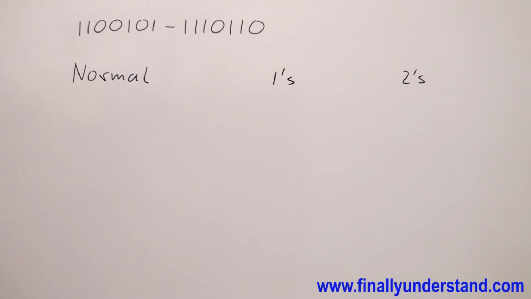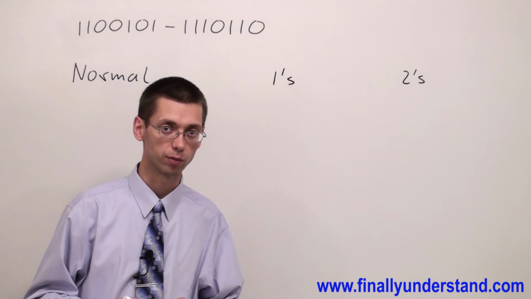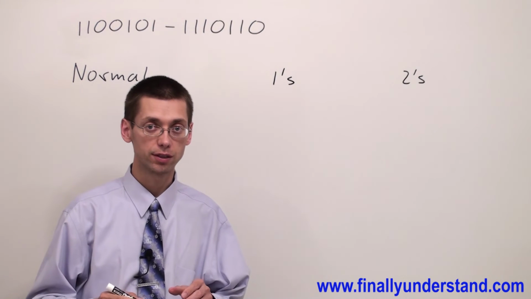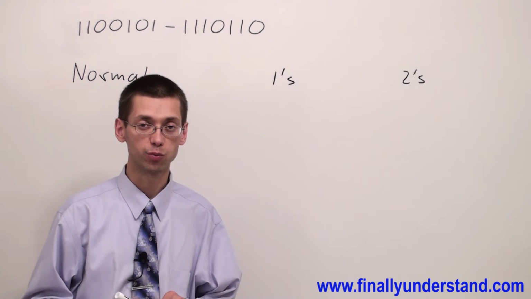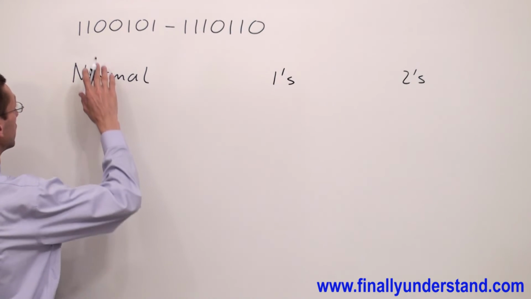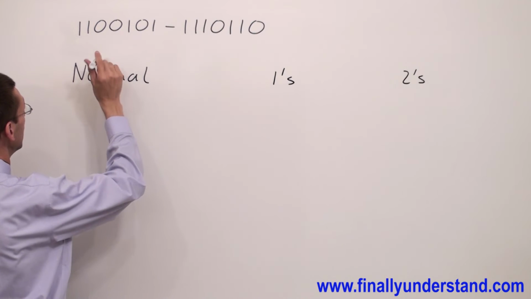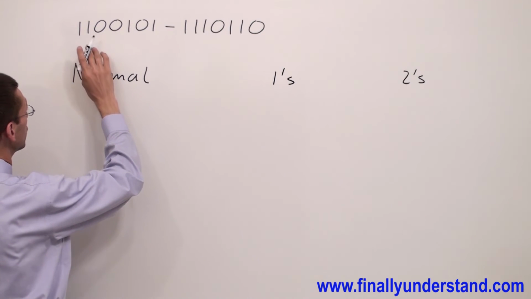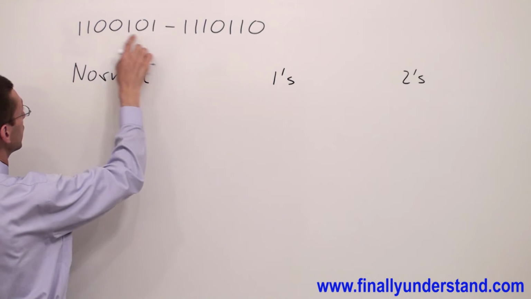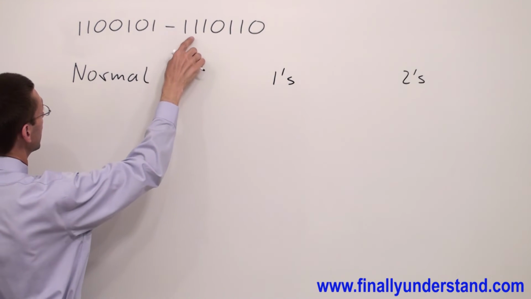Let's take a look at the next example. Again, we are going to subtract a bigger number from a smaller one. How can we see this very quickly, which number is bigger or smaller? Simply look at the first bits and find the difference. I have 1, 1 and 1, 1, so the very first two bits are identical.